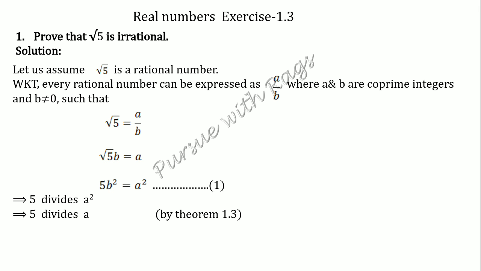Now, instead of this A, let us take some other value. Assume A is equal to 5C. On squaring this equation, we will get A square is equal to 25C square. Now we are going to apply this A square value in equation number 1.